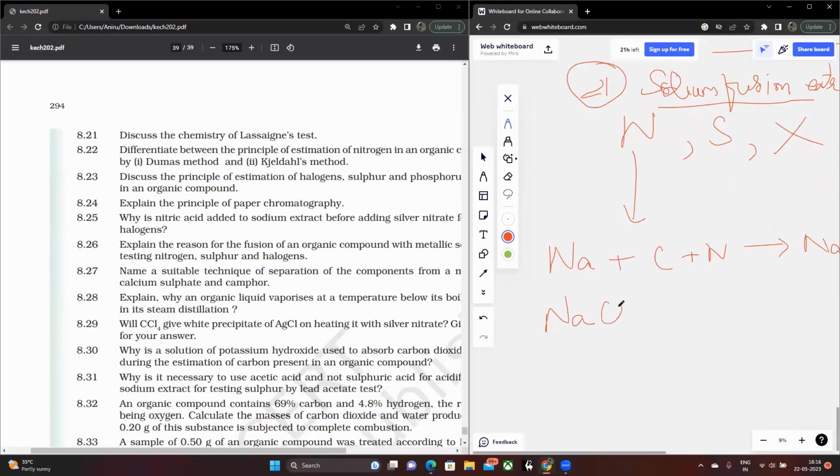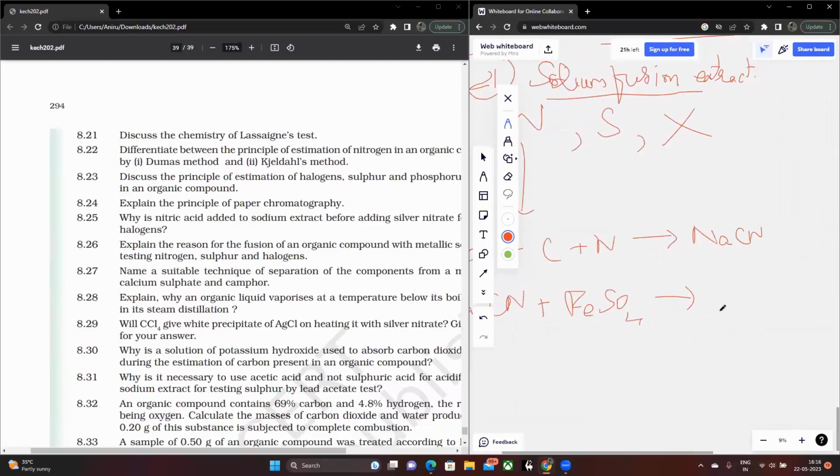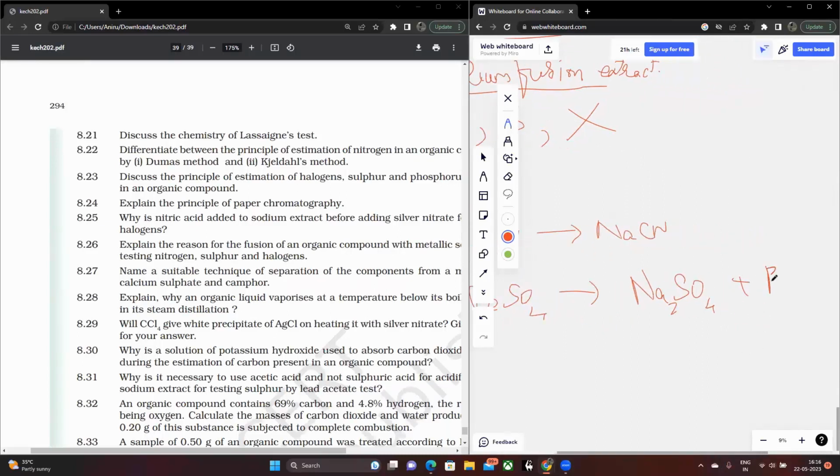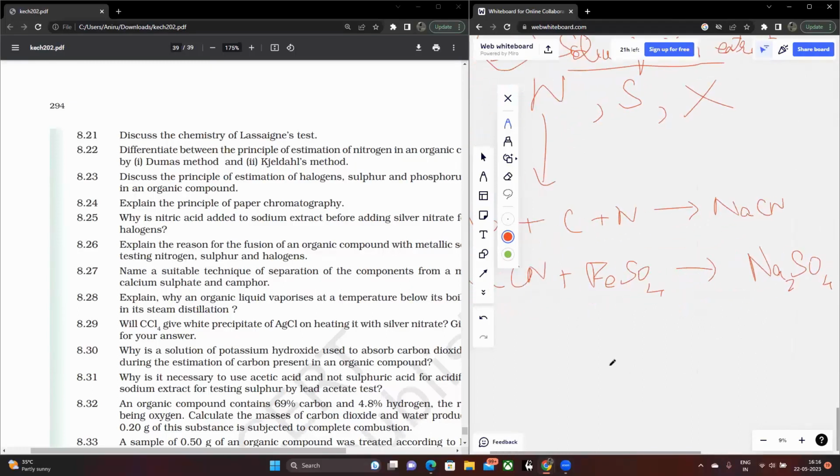You first boil NaCN with ferrous sulfate, FeSO4. I'm not balancing equations, I'm just showing you the chemistry of what happens in water, plus Fe(CN)2.